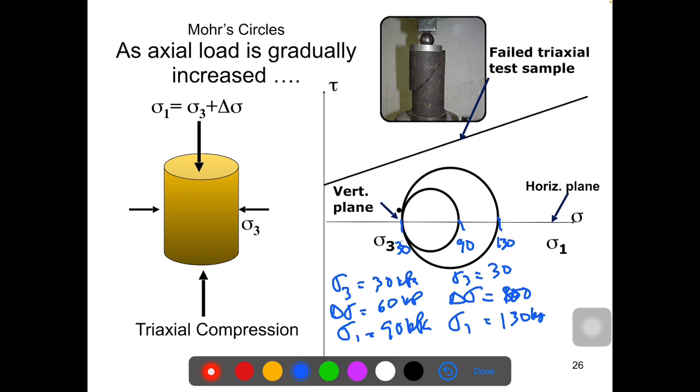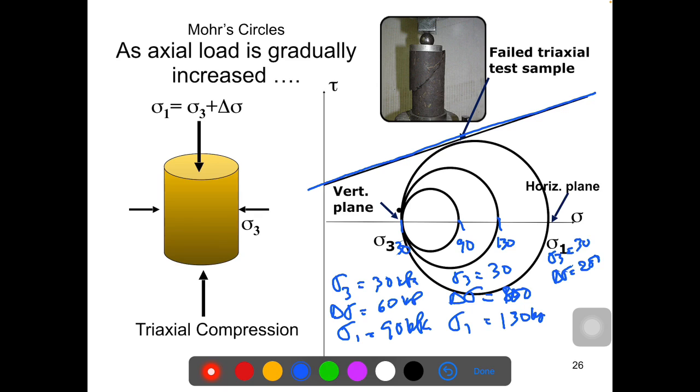Why has it still not failed? Because the circle still does not touch the strength envelope. Next you increase the stress, let's say by 200 kPa.